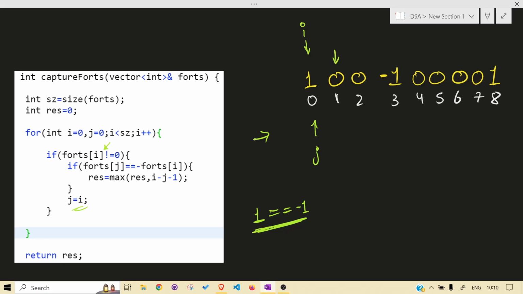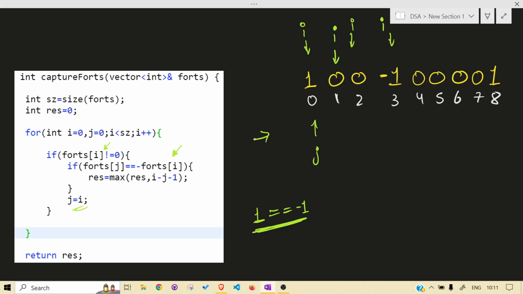Again, i goes further. It's 0. It's 0. Again, i is encountered over here. What we do? We calculate. This is encountered.